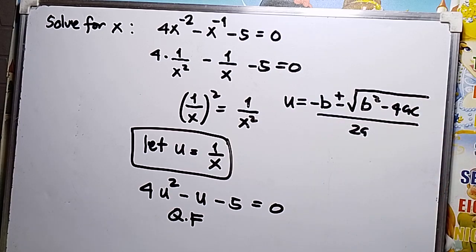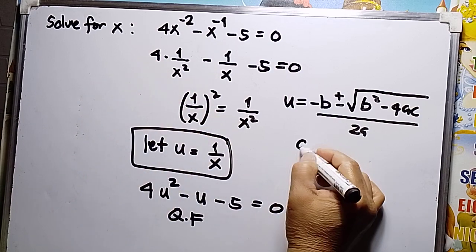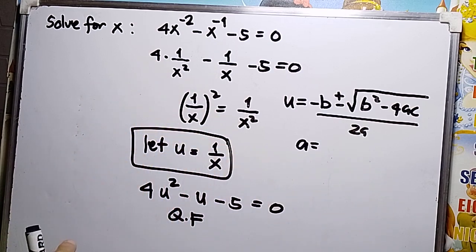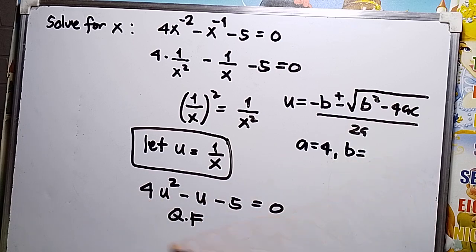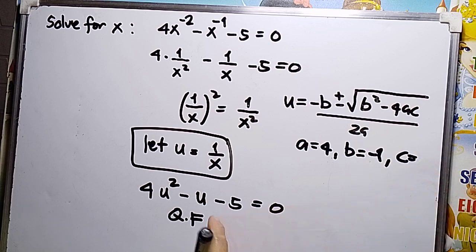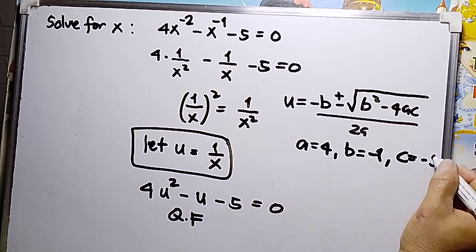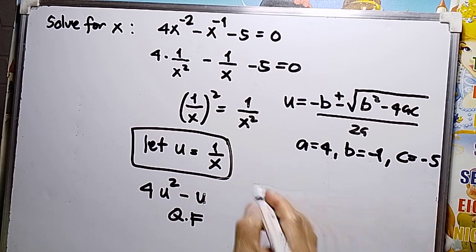All we have to do is gather our coefficients: a is 4, b is negative 1, and c is negative 5.